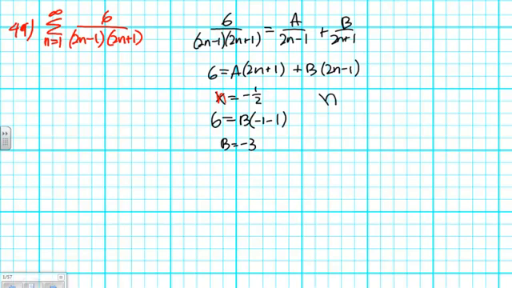When we force n to be 1/2, then the B stuff goes away, and we're left with 6 is equal to A times (1 plus 1), which means that A must end up being 3. So this partial fraction decomposition becomes 3 over 2n minus 1 minus 3 over 2n plus 1.